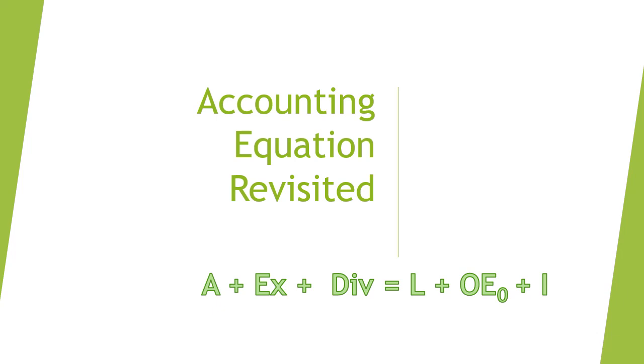So, if you look carefully, RHS is about cash inflows. So, what I am saying is, whatever my outflows are, some of them might not be in cash, asset plus expenses plus dividend is going to be equal to all my inflows. That is equal to liability plus owner's equity plus income.